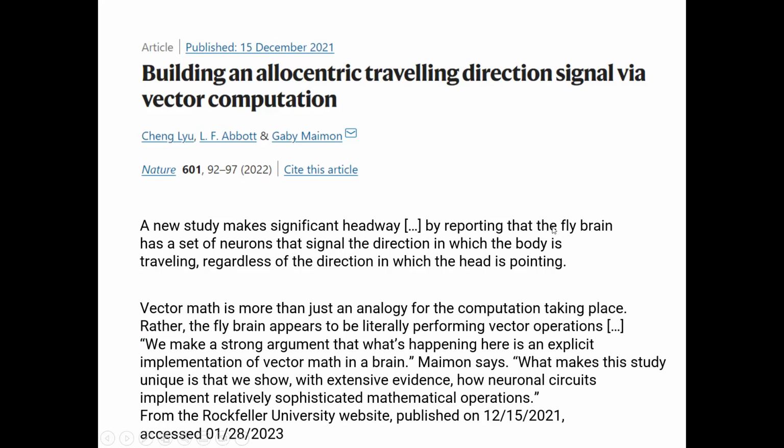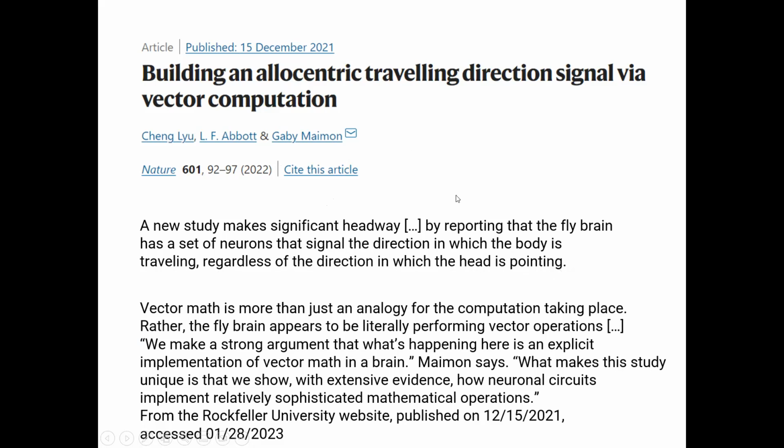And what does it say is that, this is known. The fly brain has a set of neurons that signal the direction in which the body is traveling regardless of the direction in which the head is pointing.